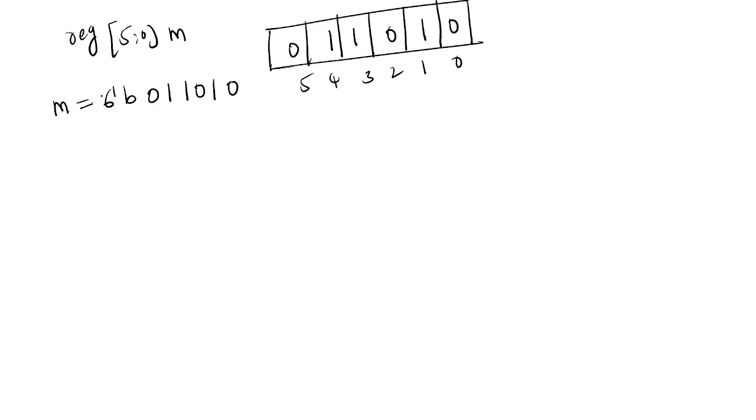Next is vector slicing. What is this vector slicing? Suppose I consider module TB.